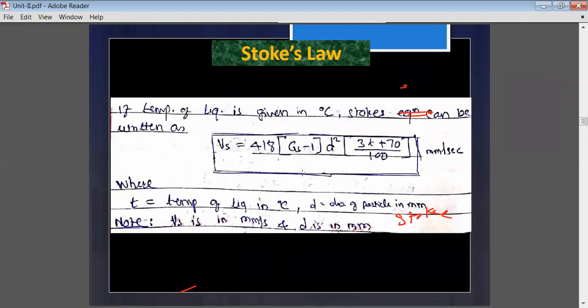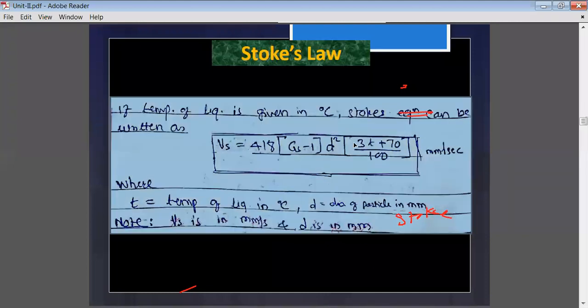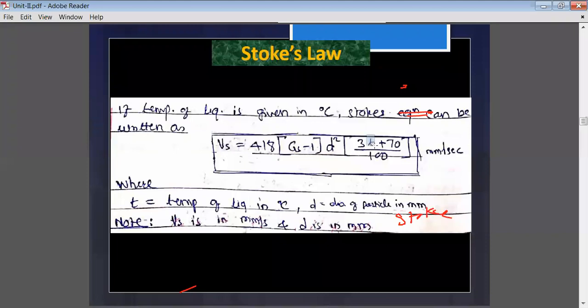I have told you one caution or note that if we use the second formula where the temperature is there, then the velocity you are getting will be in mm per second. So the unit is mm per second.